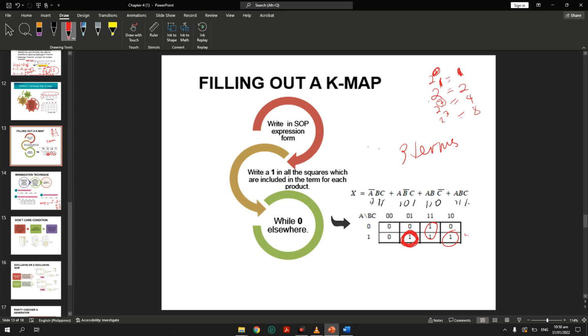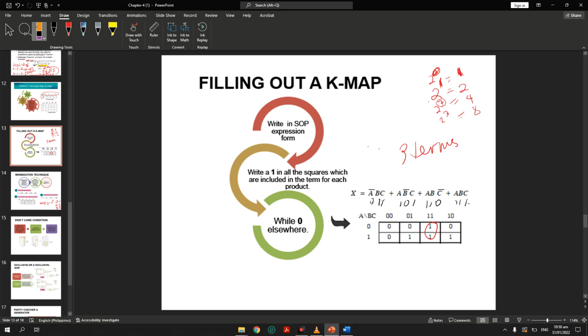So why only one? So as I have said earlier, we will try to maximize our groupings in order to eliminate more terms so that our final output will be simpler. Mas duro ang terms nga gin-group mo, much simpler ang equation nga ma-produce mo. Why?